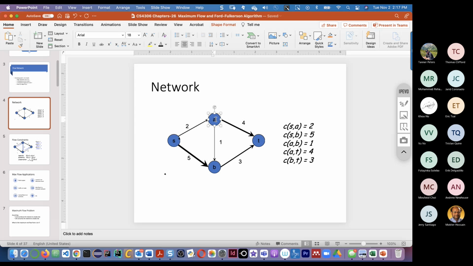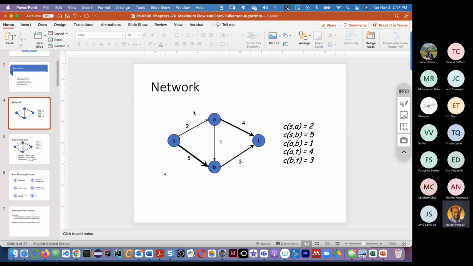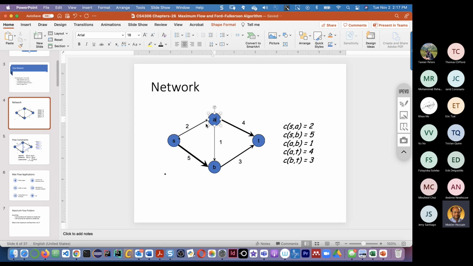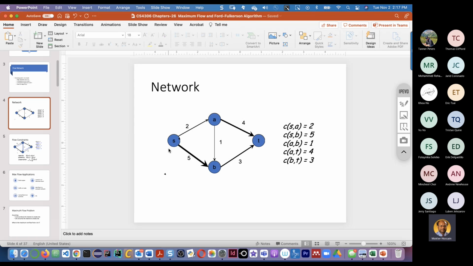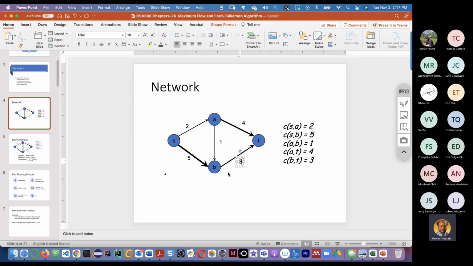So at any point, if a node A receives 1 unit, it will pass that unit on to anyone. It cannot hold, like electricity. These transition paths are dynamic, so they cannot hold anything, even like electricity or fluid. Whatever it receives, it will pass. So that means B cannot receive more than 3 units.